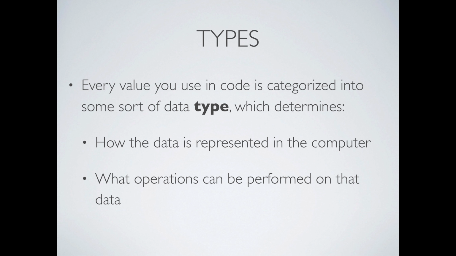We're going to talk more about data representation next week, but do keep that in mind for now. The type also determines what operations you can perform on that data, meaning what can you do to this specific piece of data? Can you add to it? Can you subtract from it? Maybe if it's a number type, that would make sense.